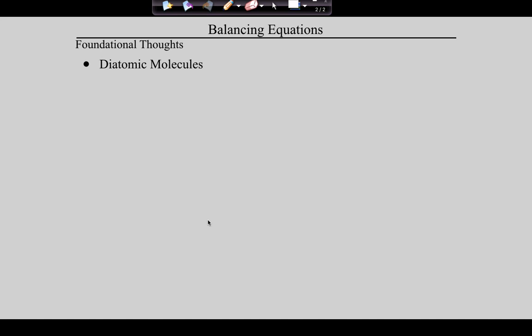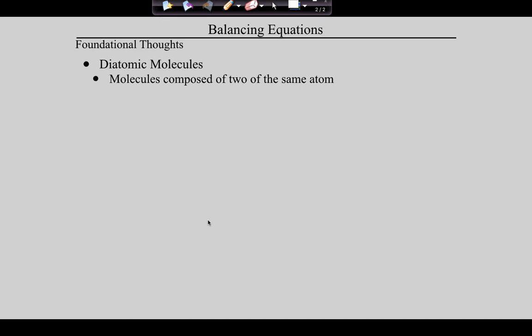It turns out oxygen is not the only atom that does this. What does di mean? Two. Diatomic, two-atom molecules. Oxygen, when it bonds to another oxygen, forms what we call a diatomic molecule. So it's literally a molecule made of two of the same atoms. Diatomic molecules are molecules composed of two of the same atom.